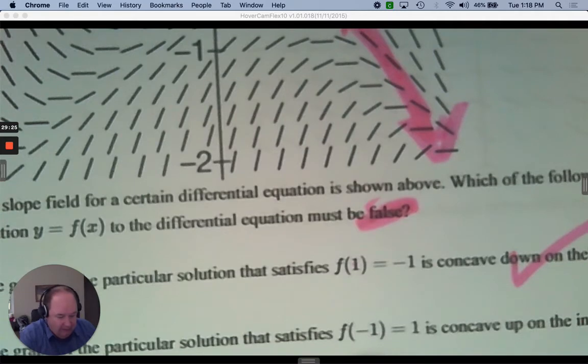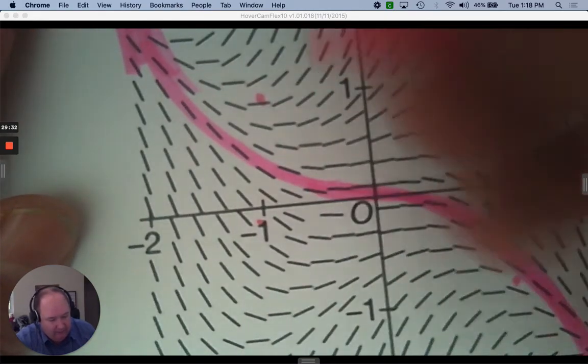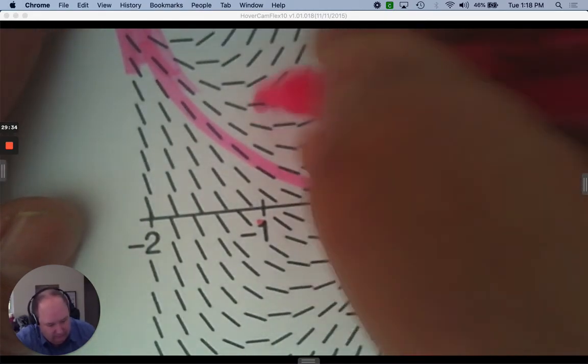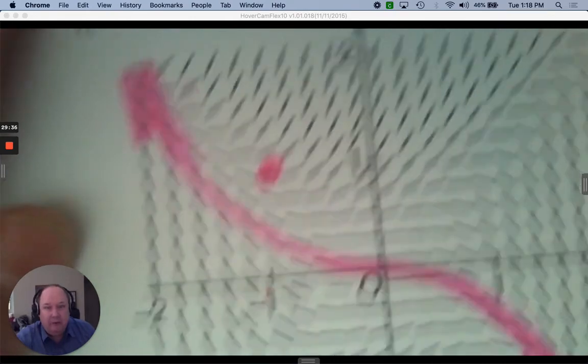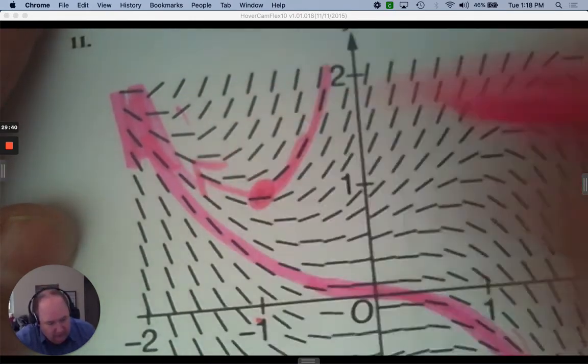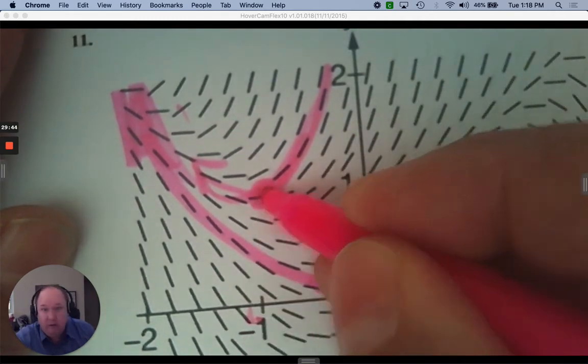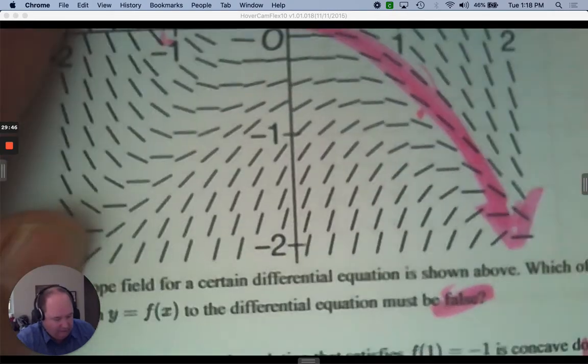How about the graph at negative 1 and positive 1? If I look at negative 1 and positive 1 right here, look at the shape. Is that shape concave up at negative 1, 1? Look at the smile. Yes.